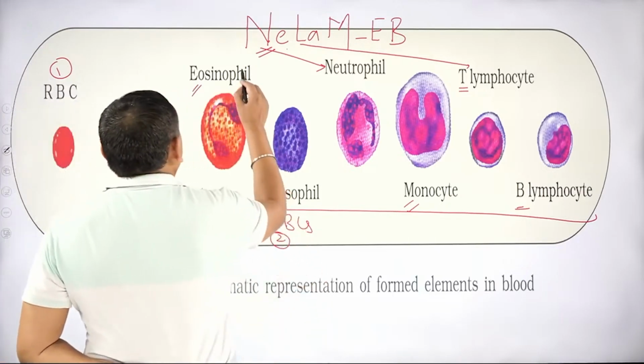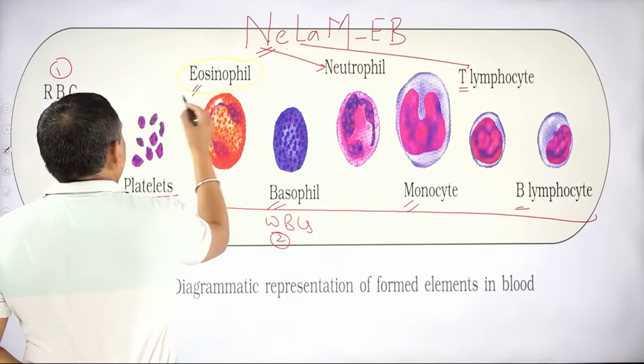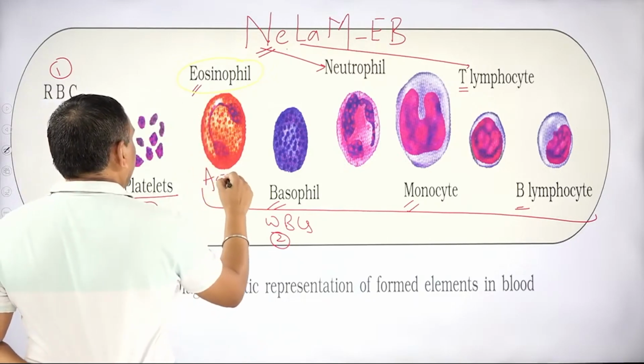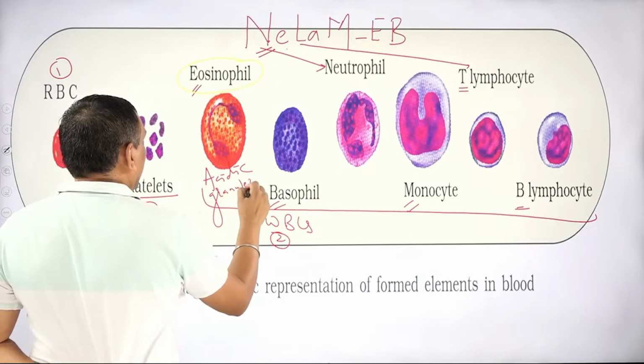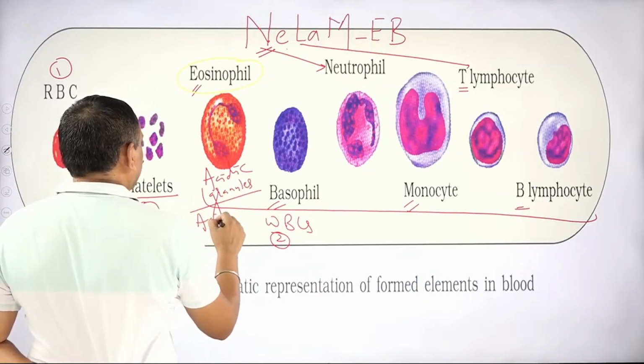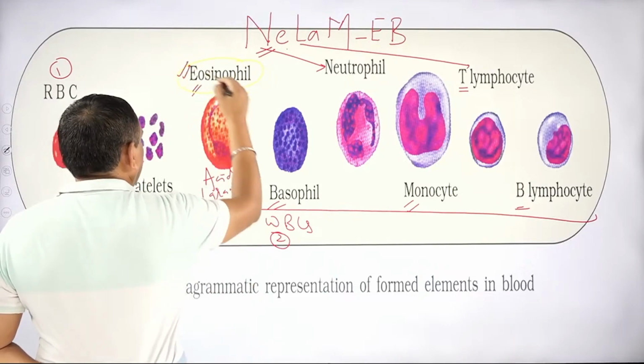Acidophil, also known as the eosinophil. They are having the acidic granules. That is why they are also known as the acidophils. Acidophils are known as the eosinophils.